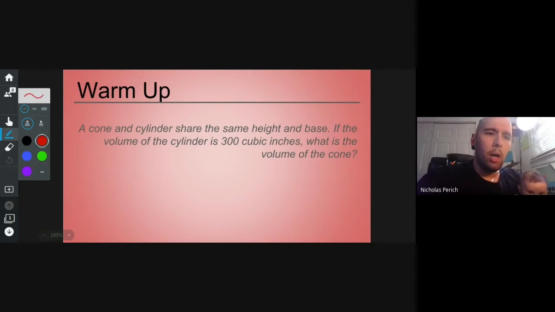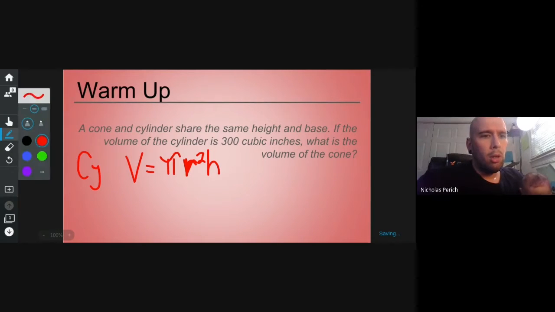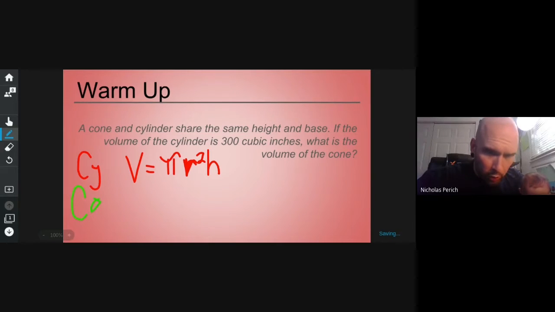A cone and a cylinder share the same height and base. If the volume of the cylinder is blah, blah, blah. Well, you probably don't remember because I'm sure not all of you sat and memorized all the formulas yesterday. But the formula for a cylinder is V equals pi r squared h.